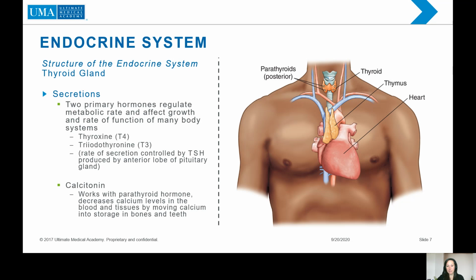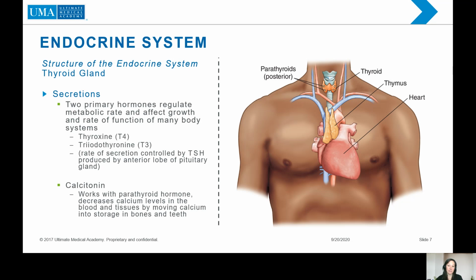So, the thyroid gland has two primary hormones that regulate our metabolic rate and affect growth and rate of function of many body systems. A few of those are going to be thyroxine, which is also known as T4, and triiodothyronine, which is T3. And then the rate of secretion is controlled by your TSH produced by the anterior lobe of the pituitary gland.